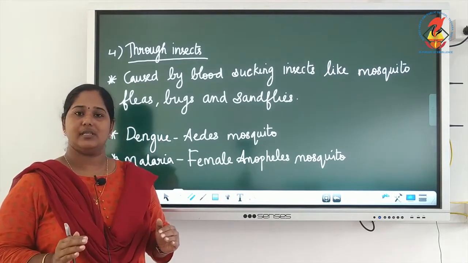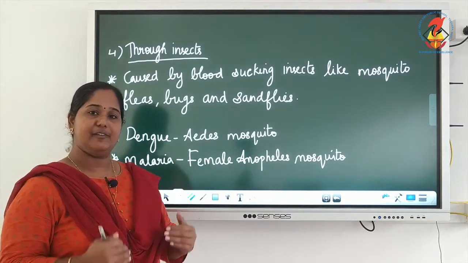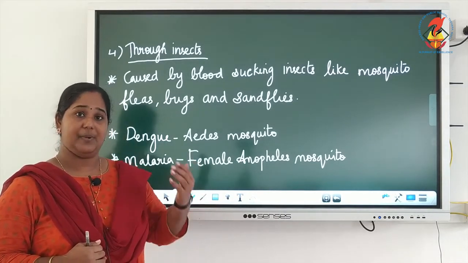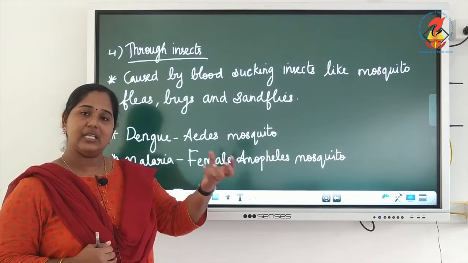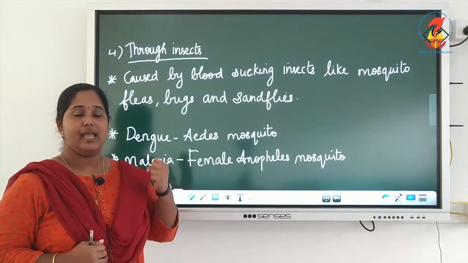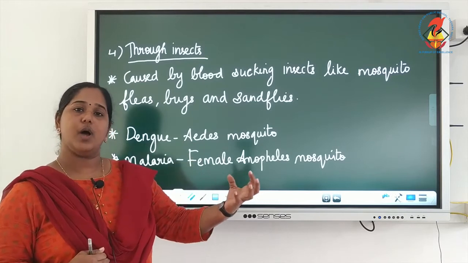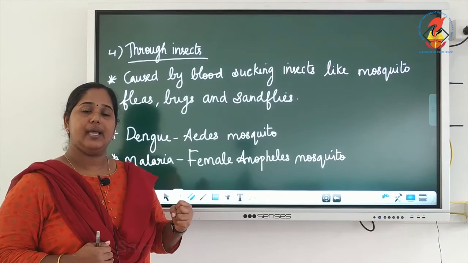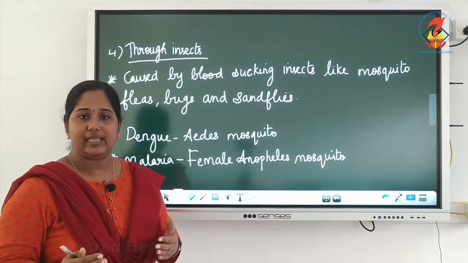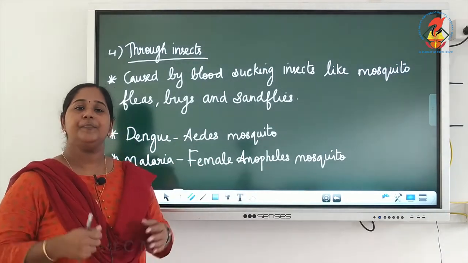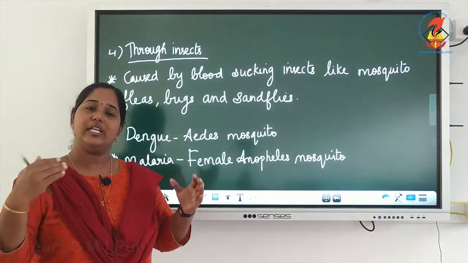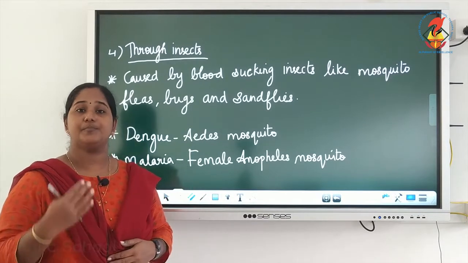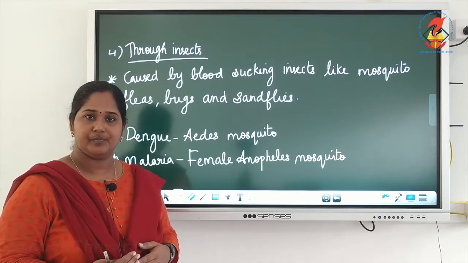When this female Anopheles mosquito sits on a person having malaria, it sucks the blood from the person. Along with the blood, the protozoa also comes to the mosquito. And when this mosquito sits on a healthy person and injects this blood, the protozoa is also injected into the healthy person's body. This is how it spreads, and it spreads faster.